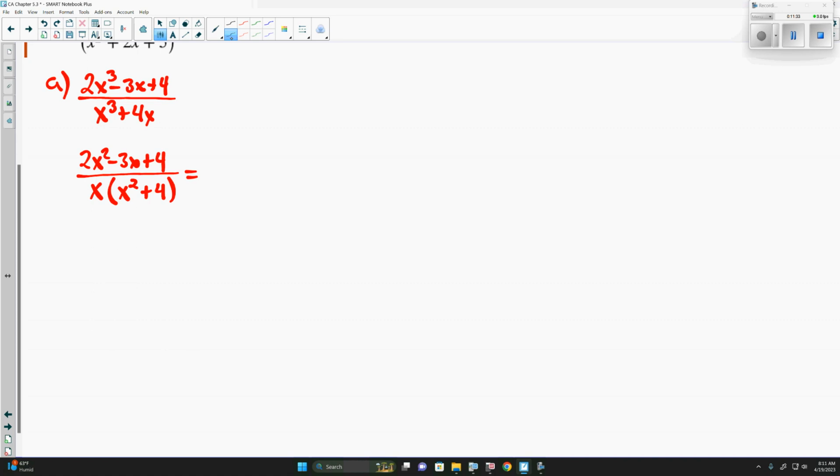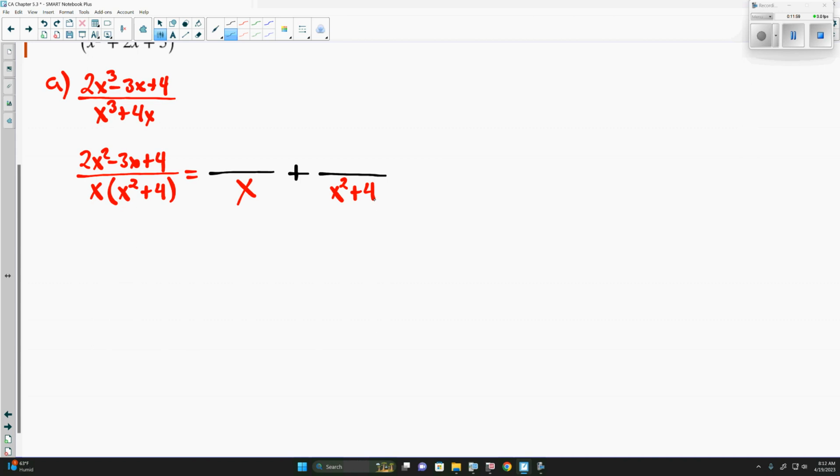Now looking at this here, how many factors do we have in the denominator? Well, we have 2, yes? So that means we'll have how many fractions? We will have 2. The first denominator would be x, and the second one will be x squared plus 4.